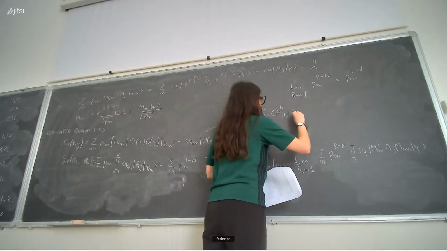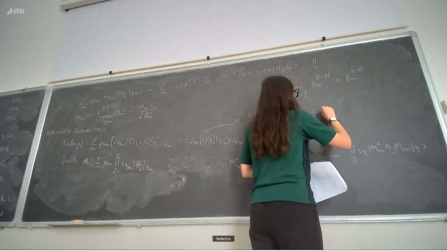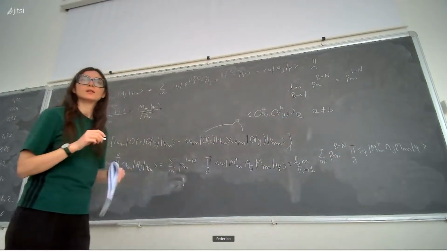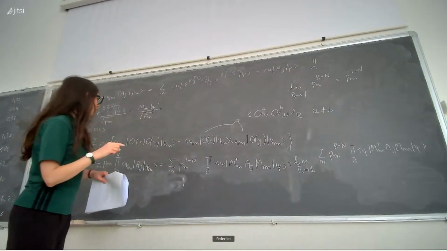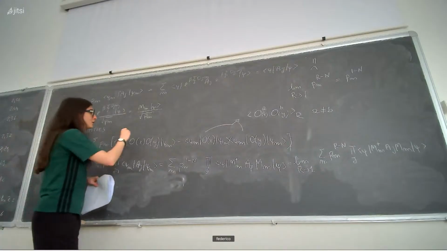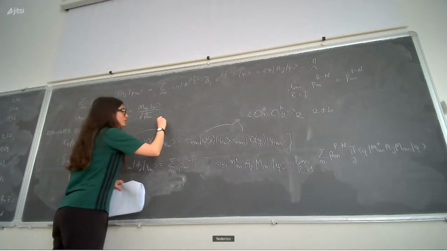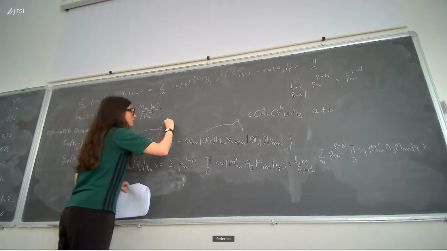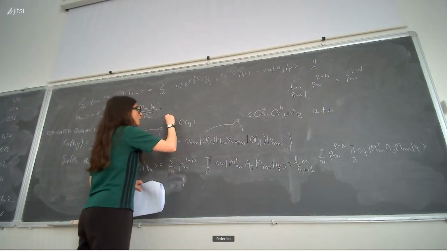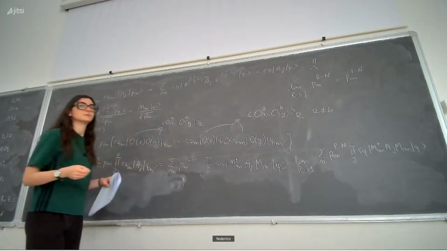So this correlation function is computed in the replicated theory with A different from B. While this quantity here, which is more trivial, would correspond to computing a correlation function O x, O y now on the same replica in this replicated theory.